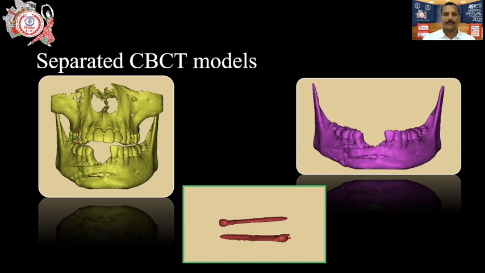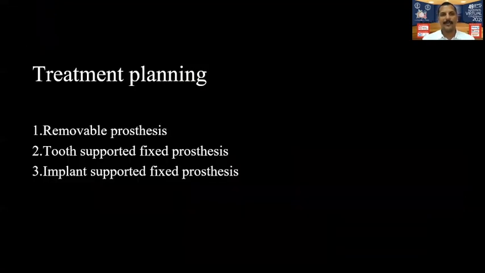With this scenario, we gave the patient treatment options of a removable prosthesis and a tooth-supported fixed prosthesis. These were the 2 options. The patient did not opt for a removable prosthesis since he is young and doesn't want to remove and place it every day.